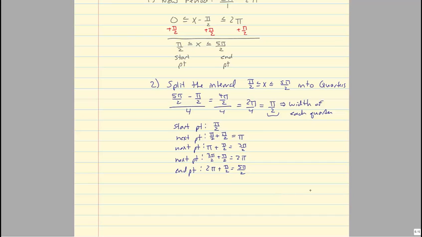So these are our key points or special points that we need to work with. X equal pi over 2, pi, 3 pi over 2, 2 pi, 5 pi over 2. So now what I'll do is I'll put these in a table.